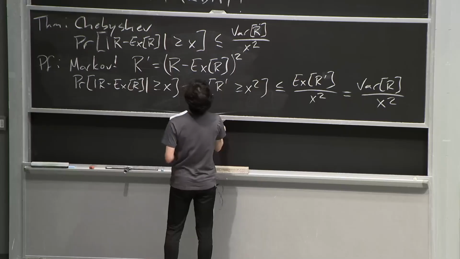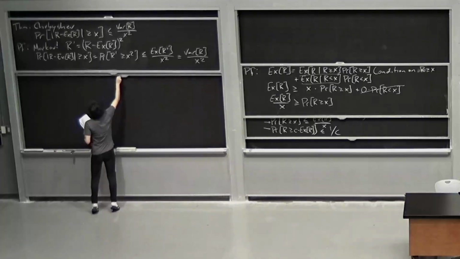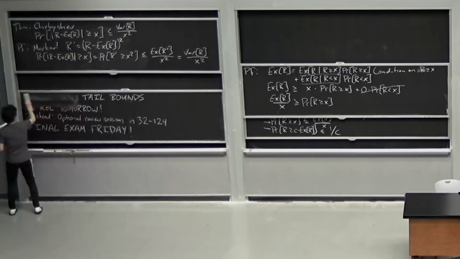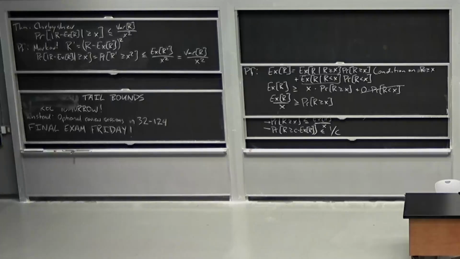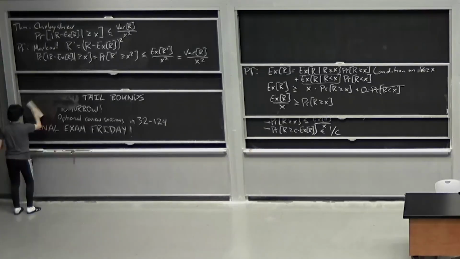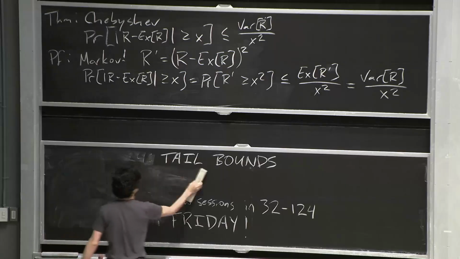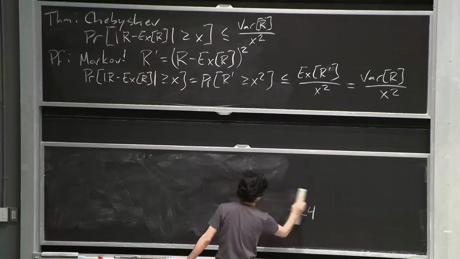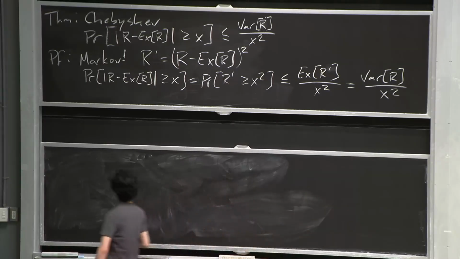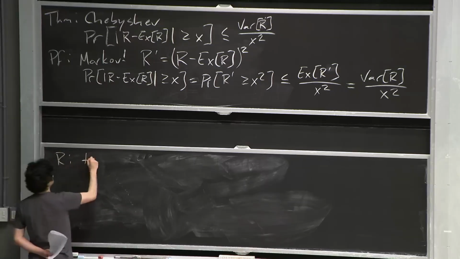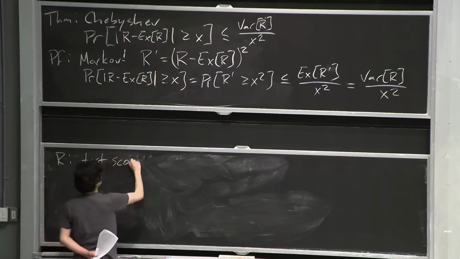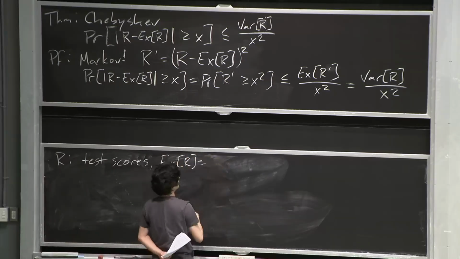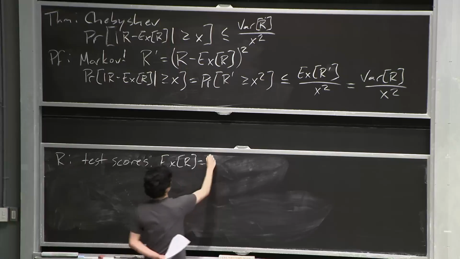Does that make sense to everybody? So let's take a look at an example. Let's look at those test scores again. R, same deal, we've got test scores. The expectation is, what did we have, 75.